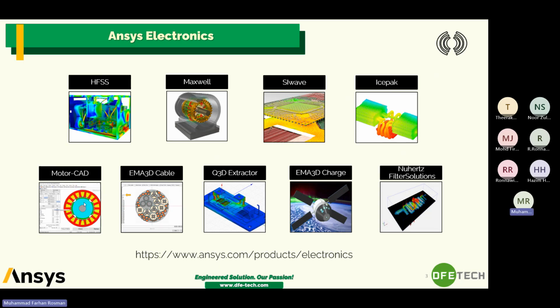Now we're using Motor-CAD, and we also have EMA3D Cable for simulating cables. We also have Q3D Extractor, EMA3D Charge, and the filter solution. If you want to know more about these products, you can go to the Ansys website for more information.